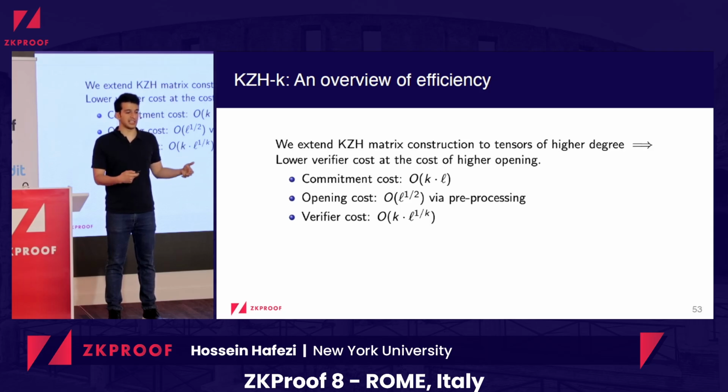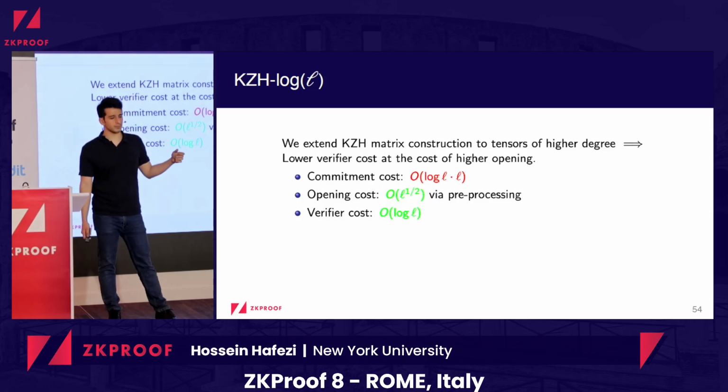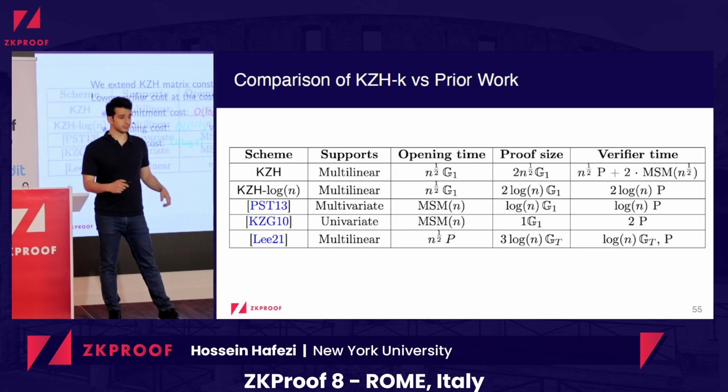And the point of KZHk compared to KZH2 is lower verification cost at a higher cost of commitment. An extreme case of KZHk is when k is equal to log L. So if I want to tell you the costs for KZH log L, the commitment cost is basically quasi-linear. The opening cost is square root, and the verifier cost will be logarithmic, which is better than KZH2.